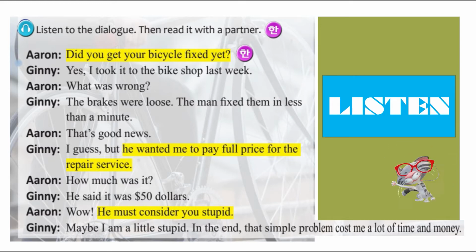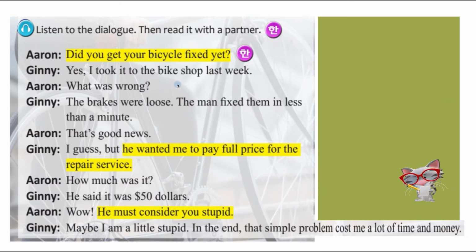He said it was $50. What? Wow, he must consider you stupid. Maybe I am a little stupid. In the end, that simple problem cost me a lot of time and money. Oh, $50. Not simple. I don't know how to fix the brakes on my bike. I'm always having problems with it.